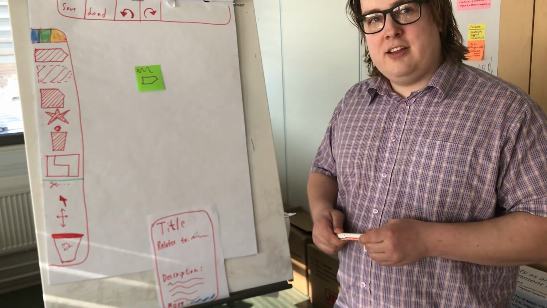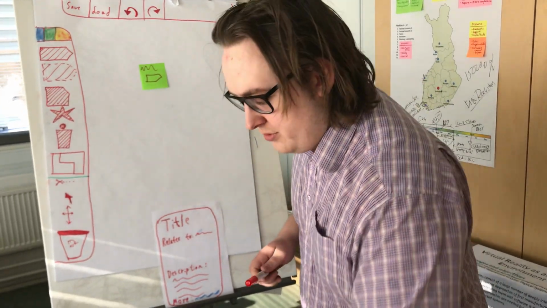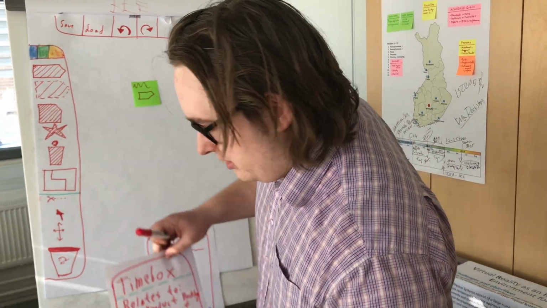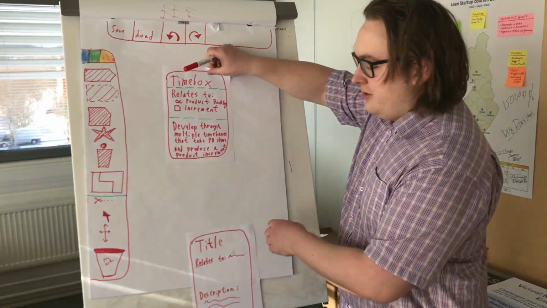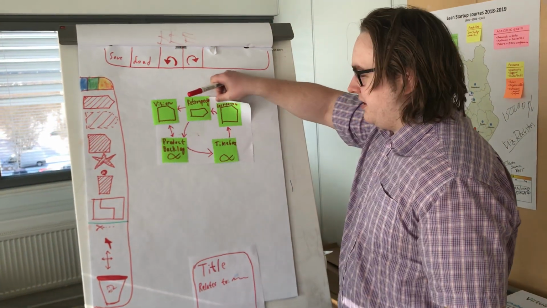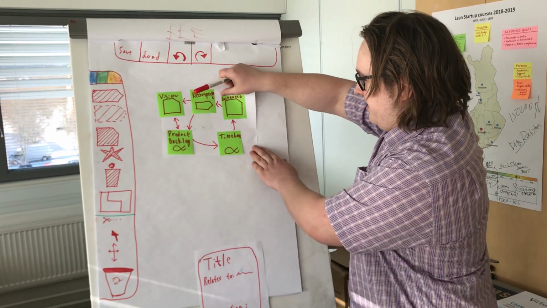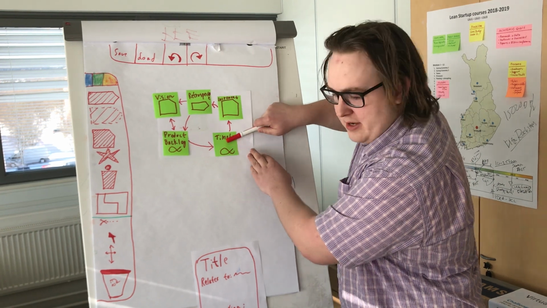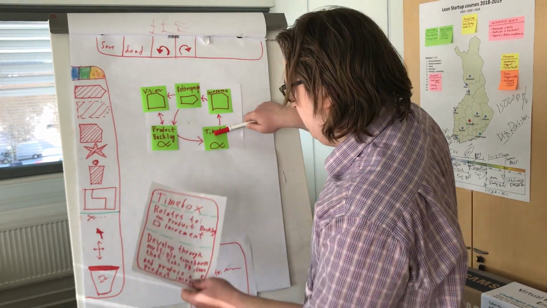Do you have an example of a practice card? Yeah, I have an example of a practice card. Amazing. This one is for a time box. So that's from this extremely simple method here, and then we have the time box alpha.